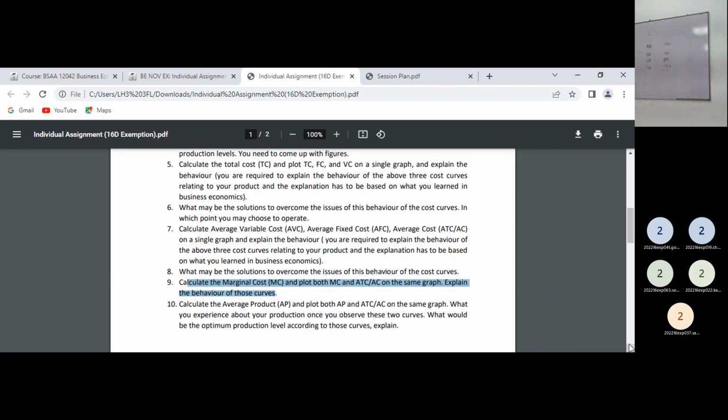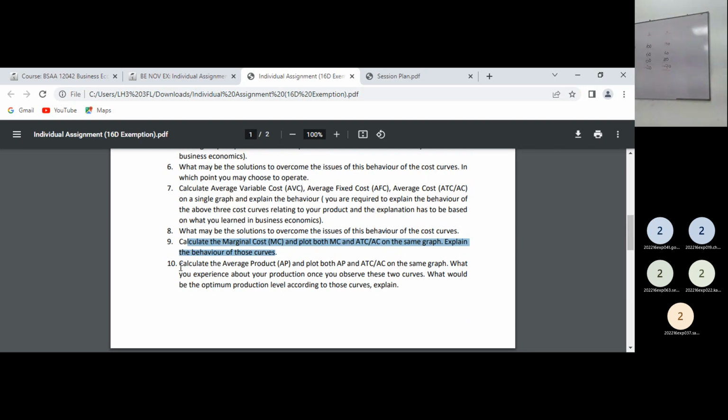Then what you have to do, calculate the average product and plot average product on the same graph. So what you experience about your production once you observe these two cost curves. Now you have to calculate your average product. You have already calculated your average cost.